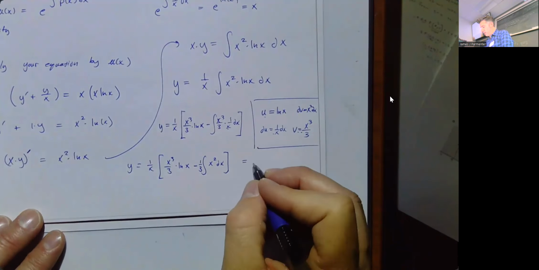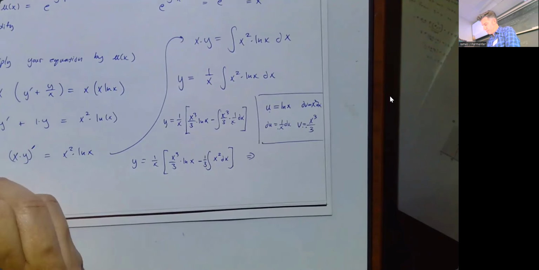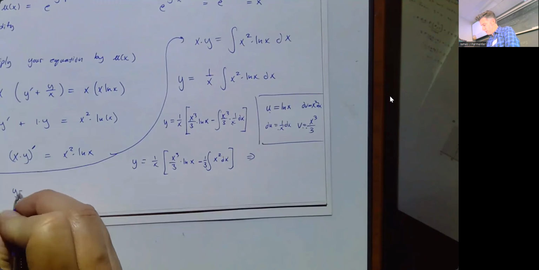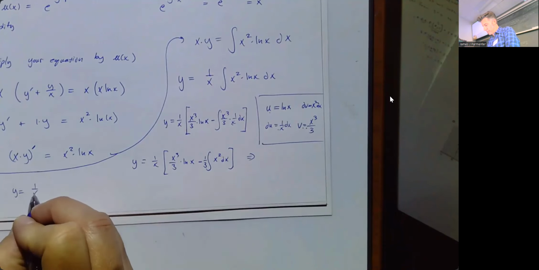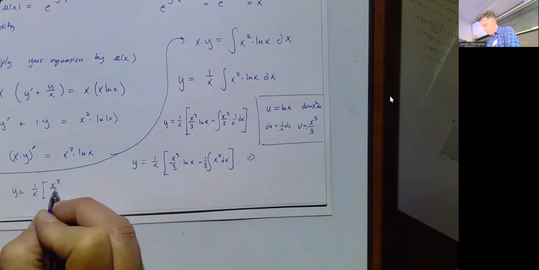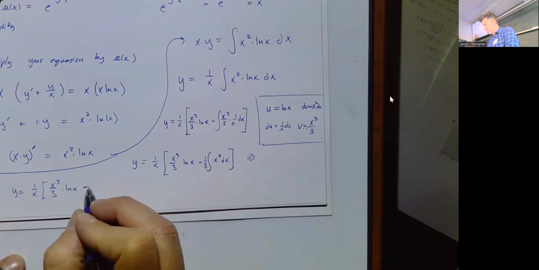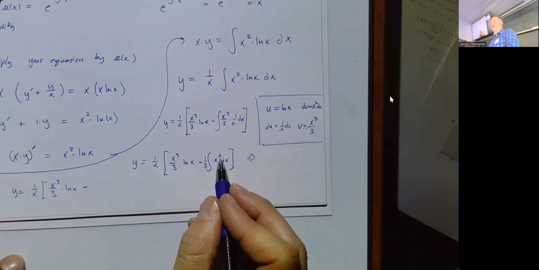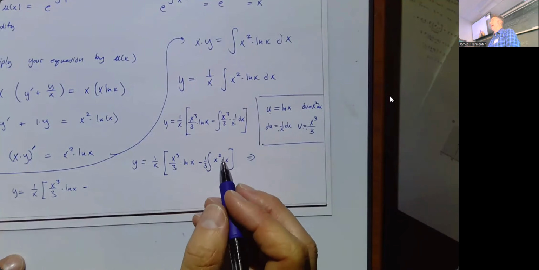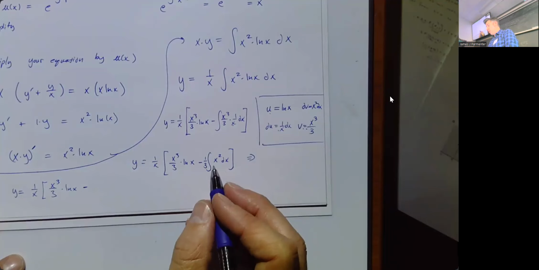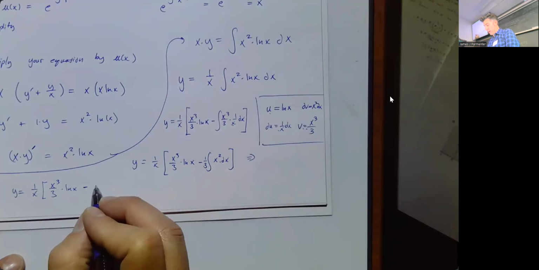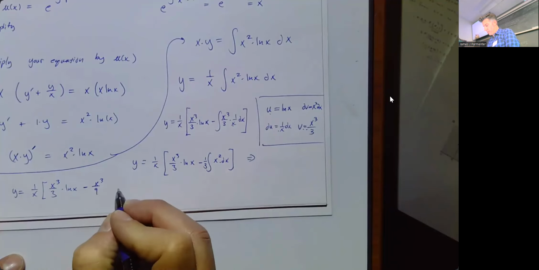So then finally, y is going to equal 1 over x times x cubed over 3 times natural log of x minus the integral of x squared, which is again x cubed over 3. 1/3 times x cubed over 3 is going to be x cubed over 9, plus c.